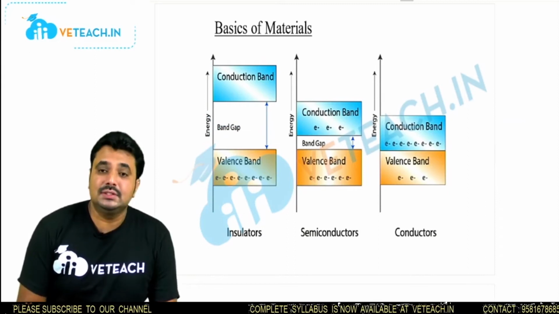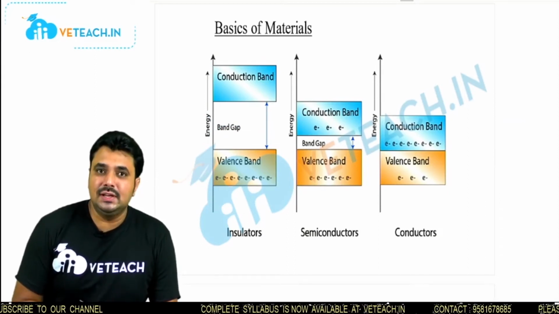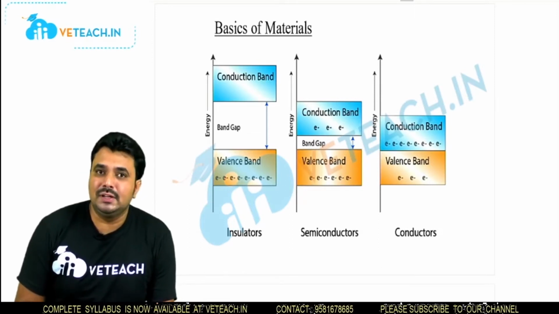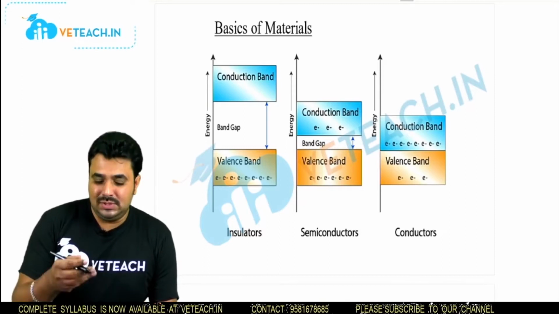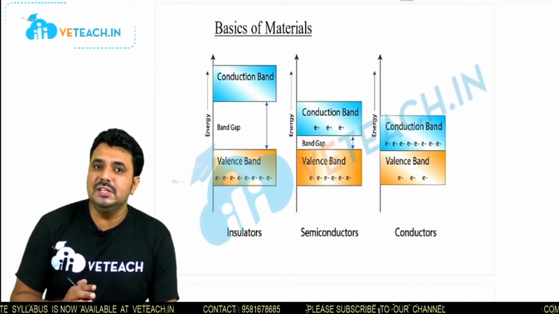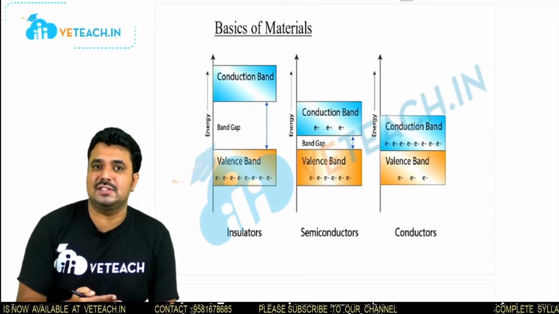The interesting one is the semiconductor material. The name itself tells it is partially conducting. What is interesting is that, initially, every semiconductor material acts as an insulator. That means it will not allow any electrons from the valence band to the conduction band.